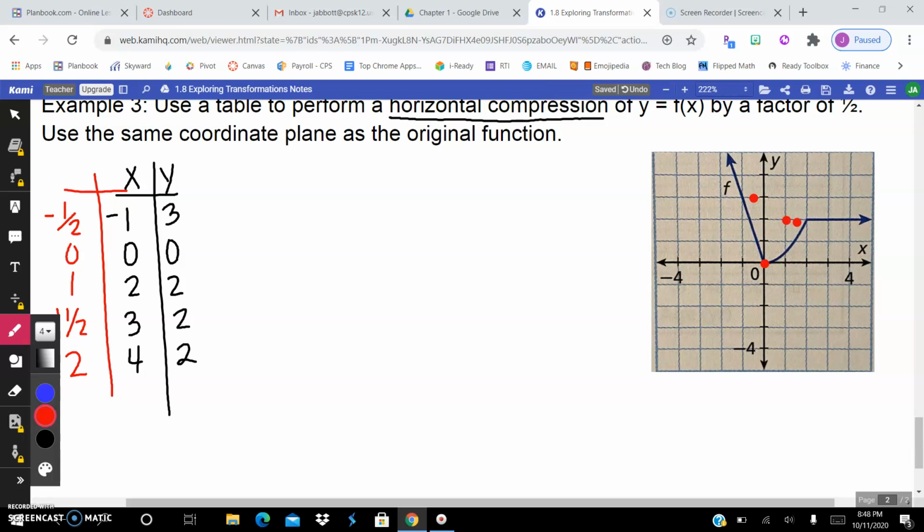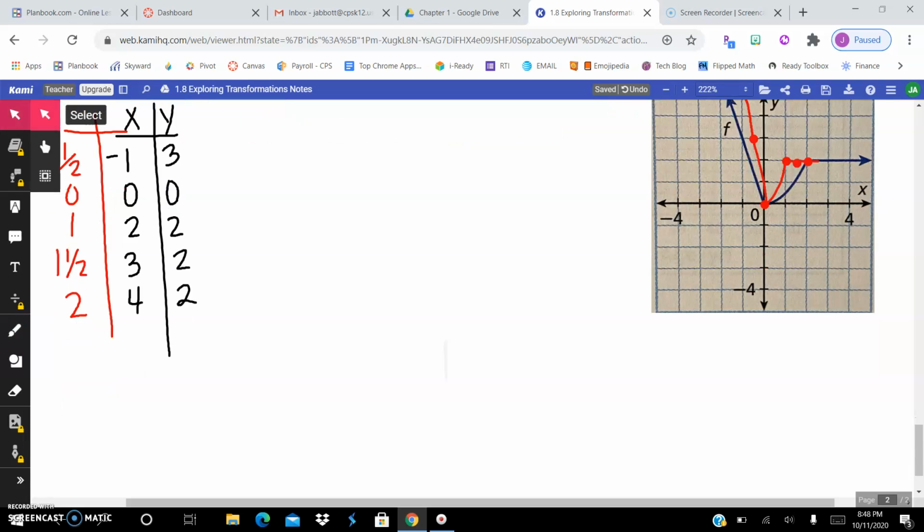And over 2 up 2. So if I connect those, you can definitely see it's a compression. It's been squeezed together to make a smaller graph there.